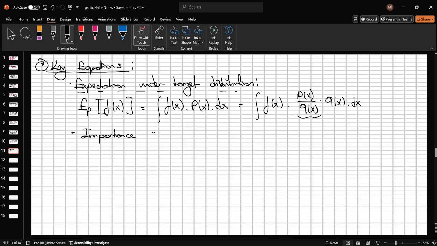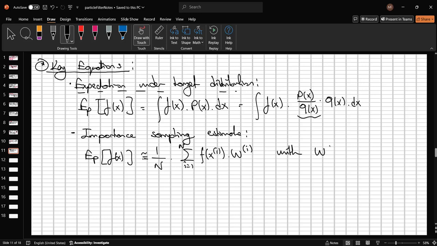To important points in here, targeted points, and we can estimate E_p[f(x)] in the discrete domain: 1 divided by n times the sum from i equals 1 to n of f(x_i) times w_i, where w_i is the target p(x_i) divided by q(x_i). Okay, these are the weights, and this weight is built with the known q and p functions in here, and so we can assign it.